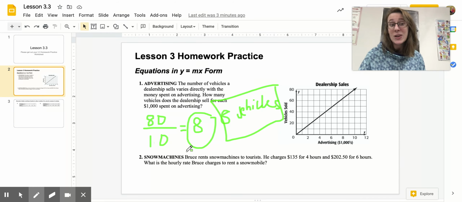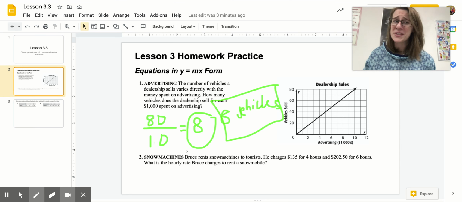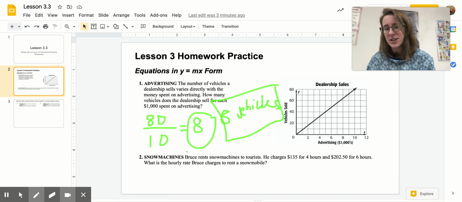Then this one it says snowmobiles. Obviously, they're from the lower 48 and they don't know anything. So I changed it to snow machines, but it says Bruce rents snow machines to tourists. He charges $135 for 4 hours and $202.50 for 6 hours. What is the hourly rate Bruce charges to rent a snowmobile?